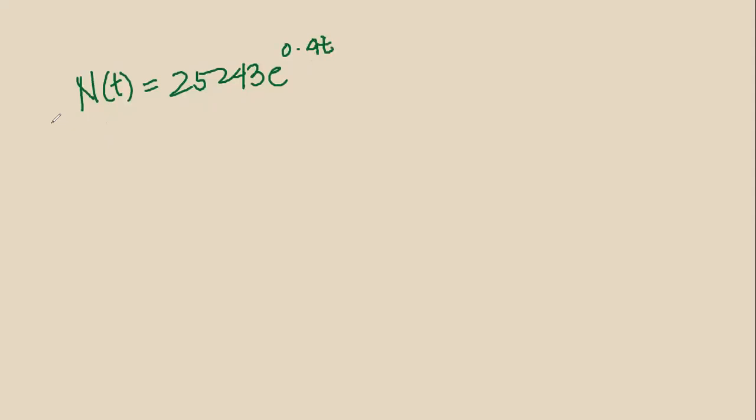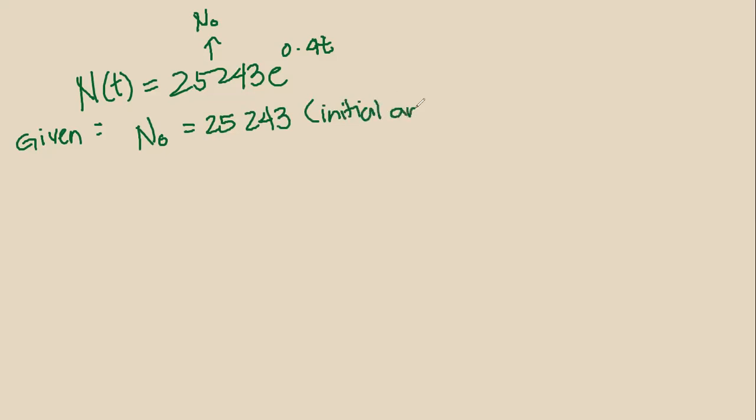Okay, so now let us have the given. Okay, so given, meron tayong n sub o, which is the initial amount. Okay, so similar sa ating general formula, yung kasama ni E sa unahan, yun yung n sub o. Okay, so ito pala ang initial amount. So n sub o is the 25,243. So initial amount of the bacteria.